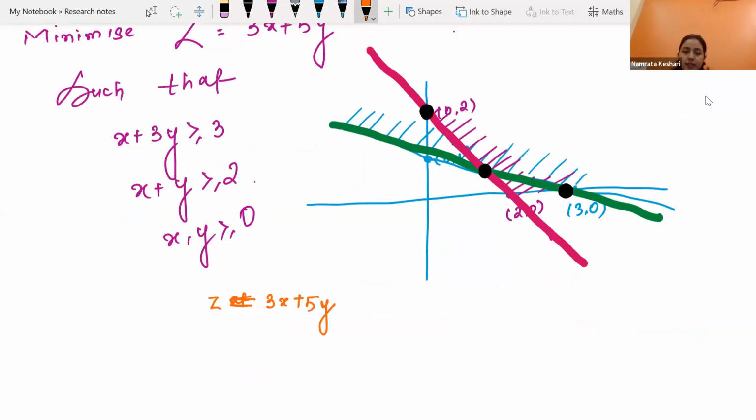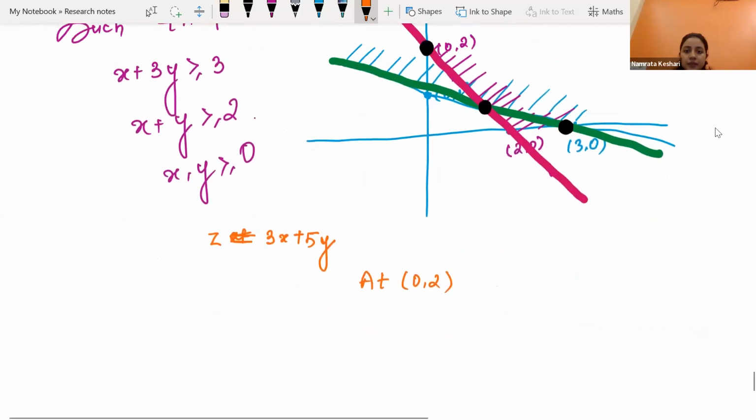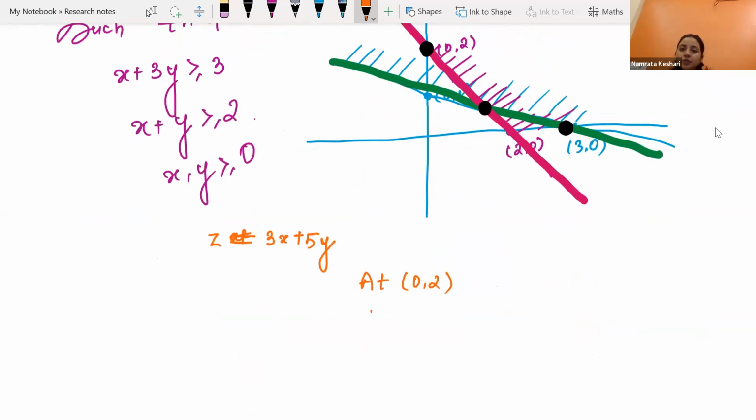So we'll be finding z at 0, 3, okay, and at what is this point? We don't know the coordinate.